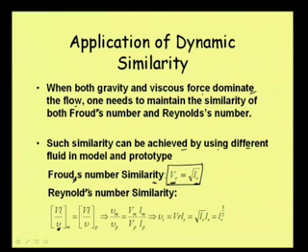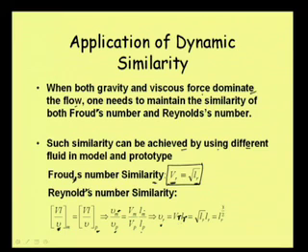Rather than writing rho V L by mu, we can write V L by nu of model equal to V L by nu of the prototype. So nu_m by nu_p is equal to V of model by V of p, that is the velocity ratio, times L of model by L of p. So nu_r is equal to velocity ratio into length ratio.